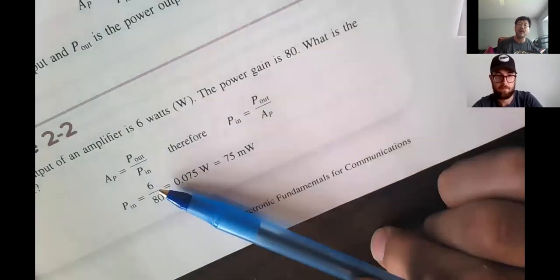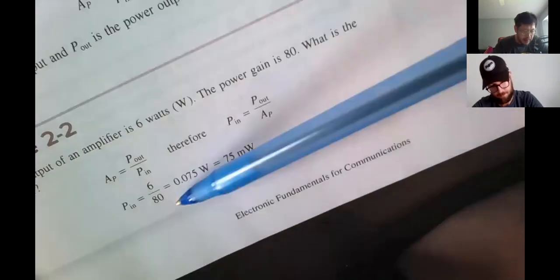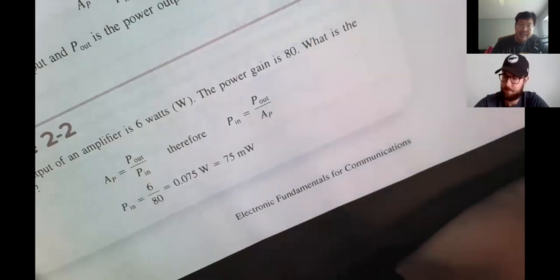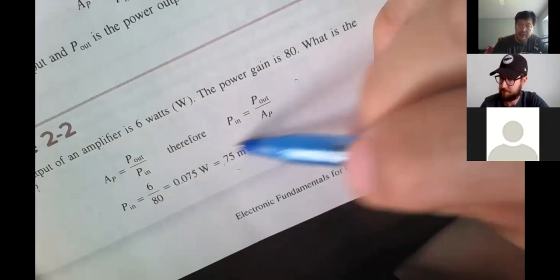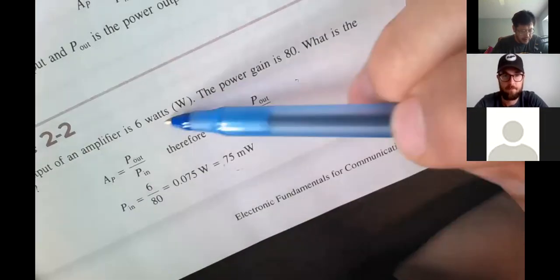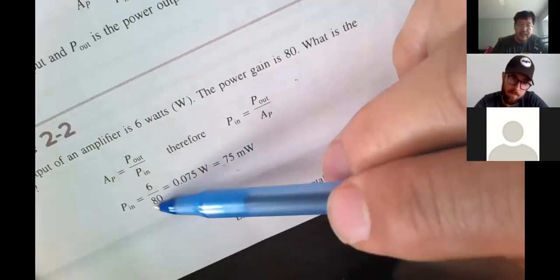This can be an audio system, like your speaker. The input power is 75 milliwatts. The output power is 6 watts, the input is 75 milliwatts. What is the gain? Gain is 80.